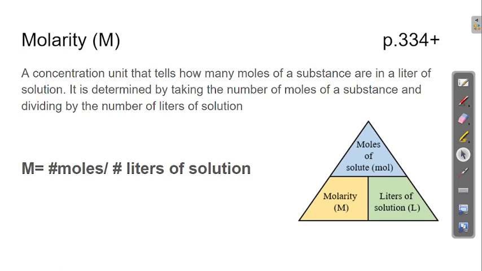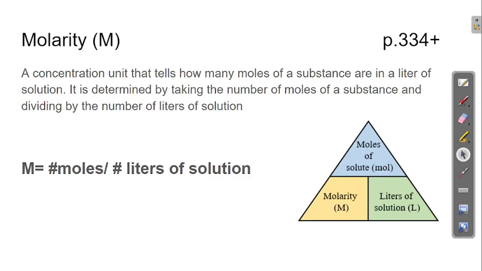What is that? Well, it's a concentration unit used in chemistry that will tell you how many moles of a substance are in a liter of a solution. It is determined by taking the number of moles, because you remember that when we have chemical equations, that recipe is in moles. So taking the number of moles of a substance and dividing by the number of liters of that solution.